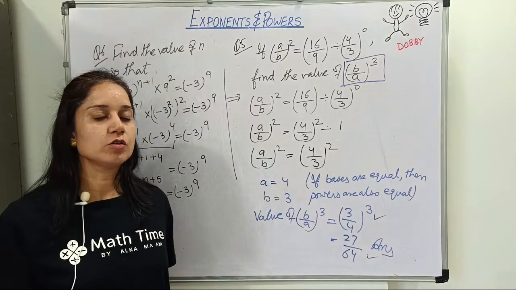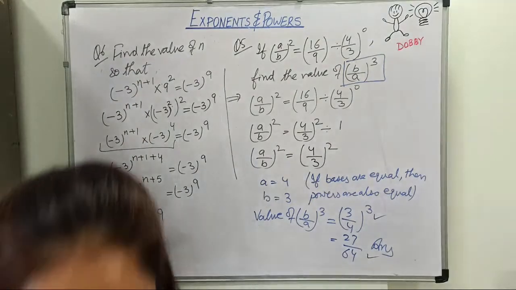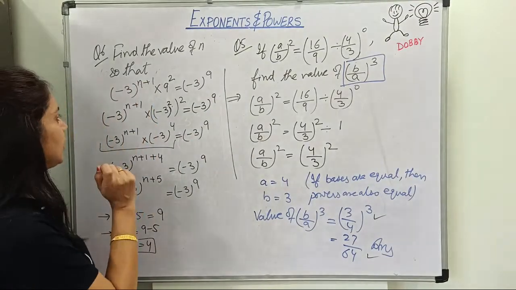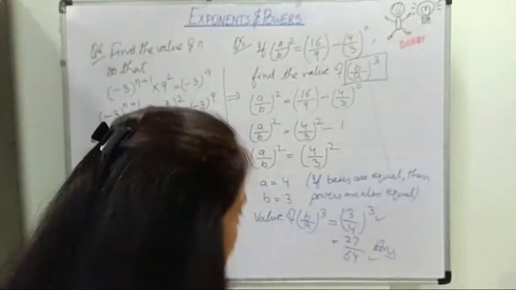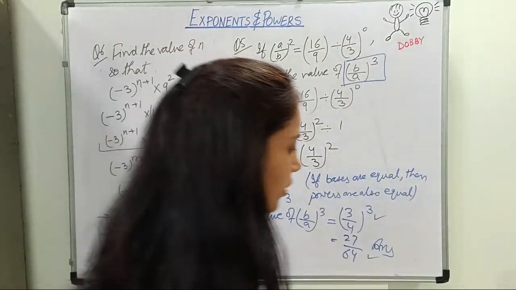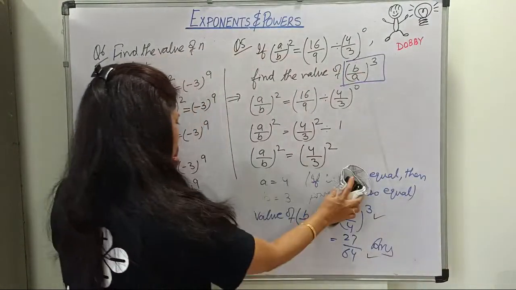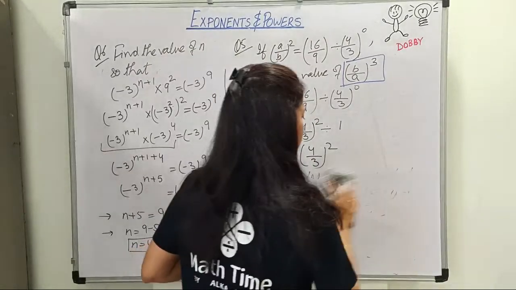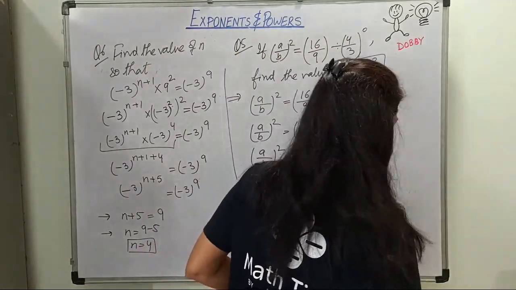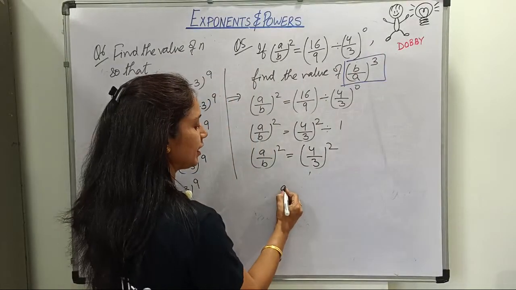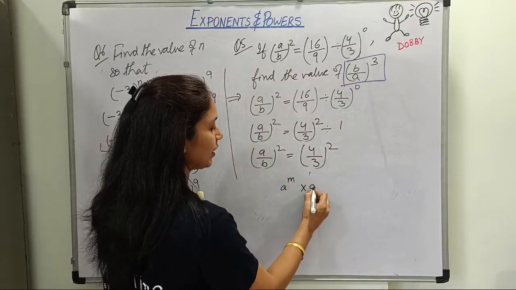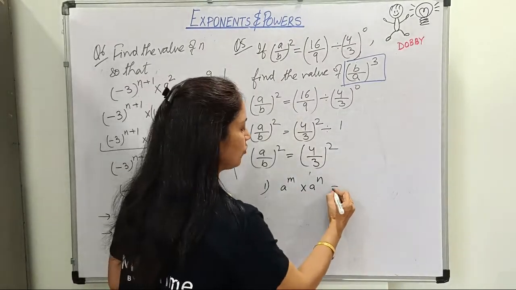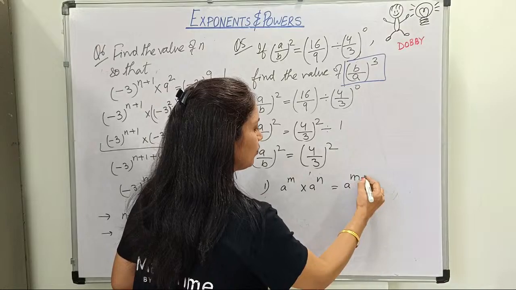Now let us revise quickly, a quick recap. There are 6 laws of exponent. First, when the bases are the same, a raised to the power m multiplied by a raised to the power n: in multiplication with the same base, we add the powers, a raised to the power m plus n.